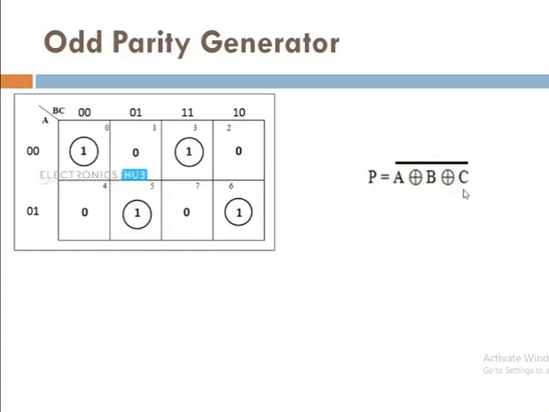Because if you observe, the even parity generator reduced equation is A XOR B XOR C. And when we are writing the odd parity generator, both truth tables are complement to each other. If you observe their output parts, both truth tables are complement to each other. That's why the output equations are also complement to each other.